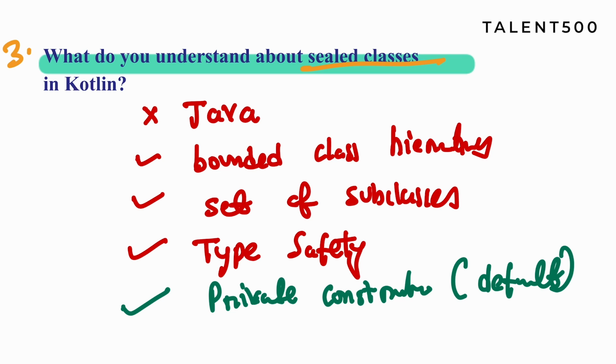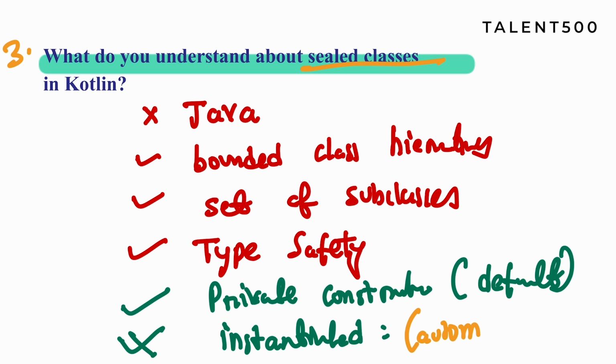And due to the fact that a sealed class is automatically abstract, it cannot be instantiated. And why not? Because a sealed class is automatically abstract. Perfect. Awesome.